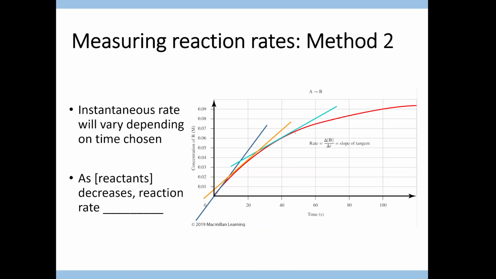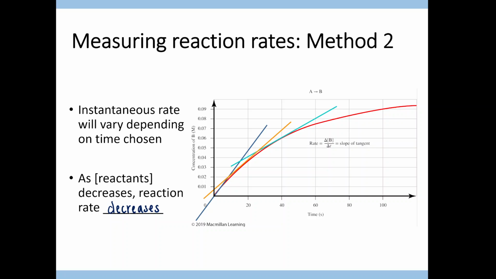But notice that the slope of that line changes as time goes on, and that's because usually reaction rate decreases as reactants decrease. So we're losing reactant, we're losing A that can produce a product, so the product will be generated at a slower rate. So that actually makes these two methods only accurate at specific time points.